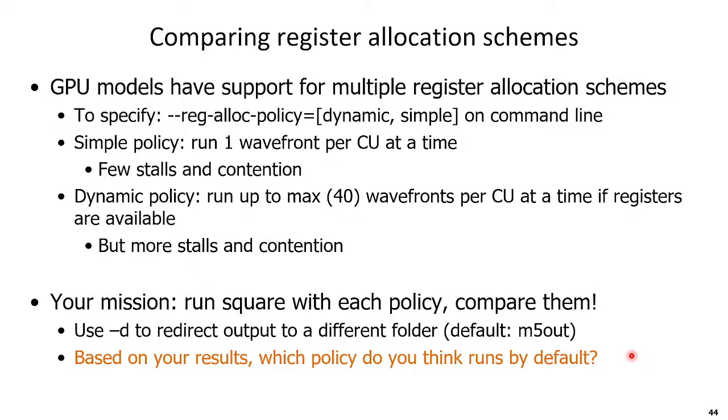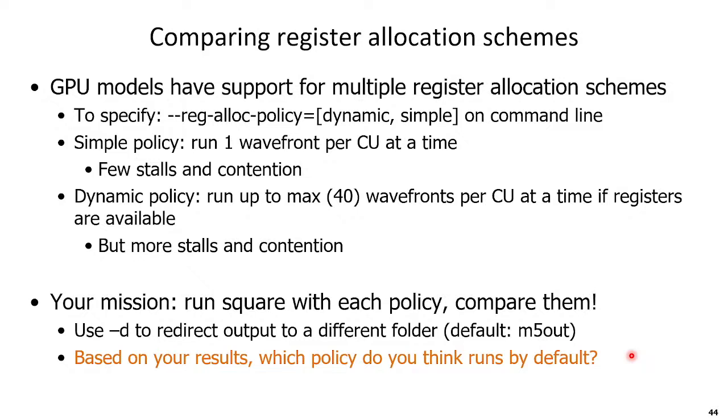So your mission, should you choose to accept it, is to run square with each of those two policies. And the reason I pointed out the -d before, remember each time we run gem5, it's going to overwrite your output directory. So make sure to use a different output directory for each of them so you have them and you can compare the output.